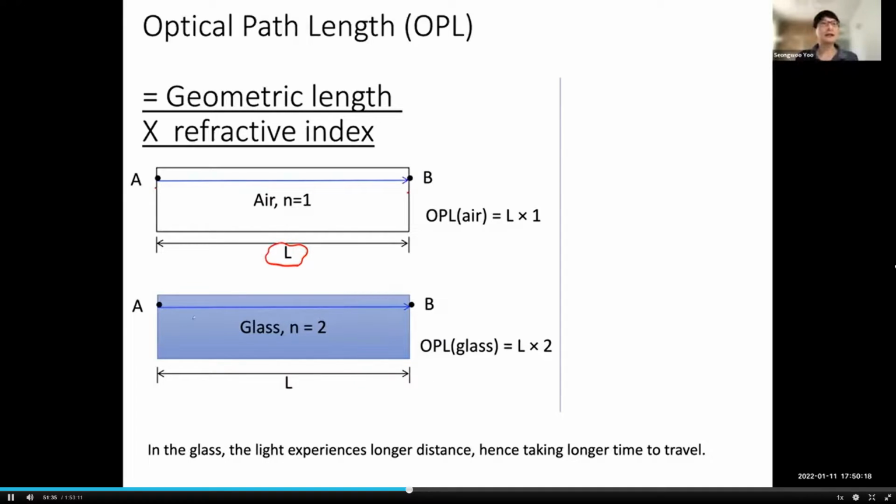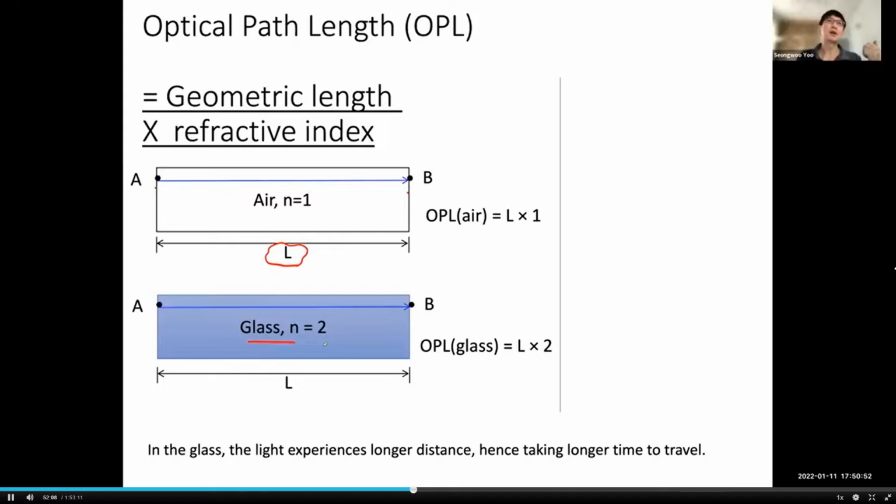On the other hand, when the light travels the same distance in a glass, it feels some resistance because the glass is a denser medium, yeah? This is like when we walk in a swimming pool. Because of all the water, we struggle walking inside the swimming pool. Yeah, so our speed is slowed down in the water. So similarly, the light will be slowed down, and it feels some resistance when it travels in a glass.